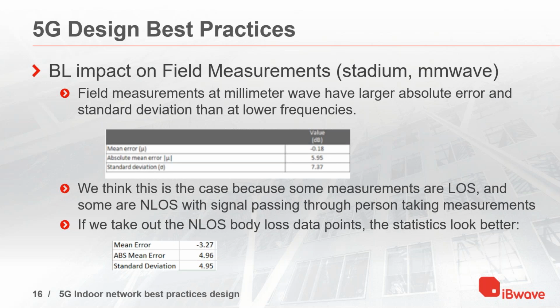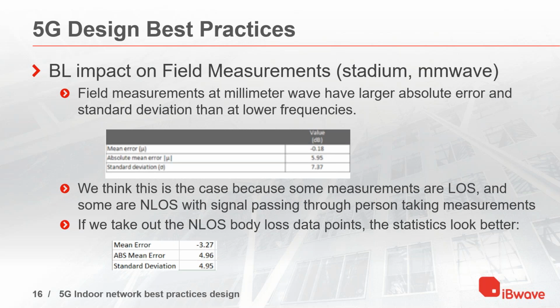Sometimes your body is being used as an obstacle for the signal that goes through the UE, and sometimes it is not. We wanted to test that notion. We took out the data points where we thought there was excessive loss, on the order of 15 dB or more, which we would assume is additional body loss.